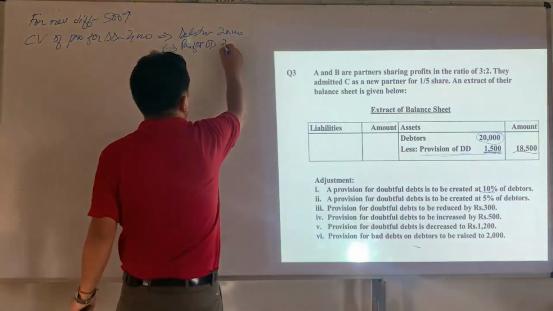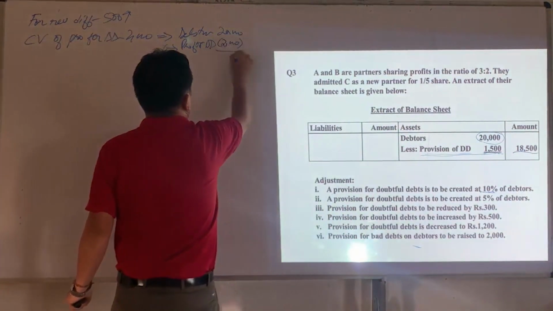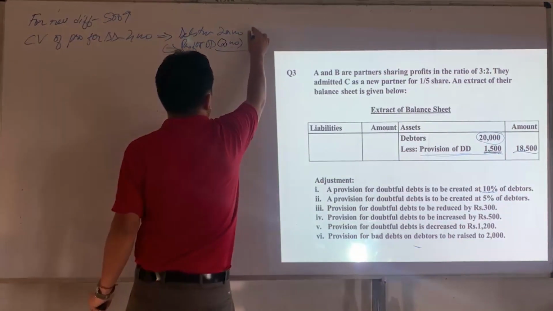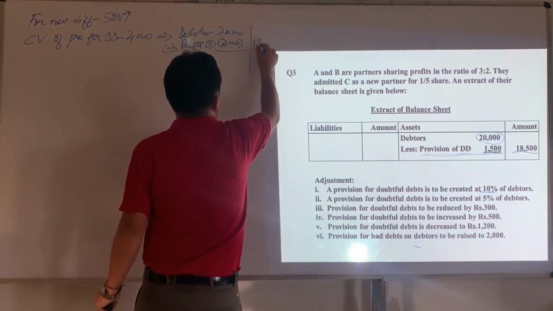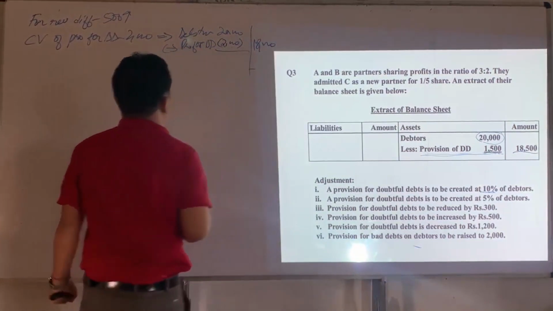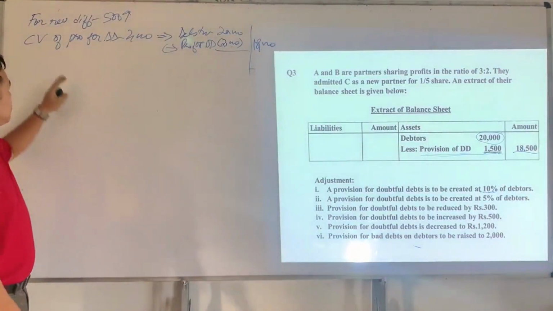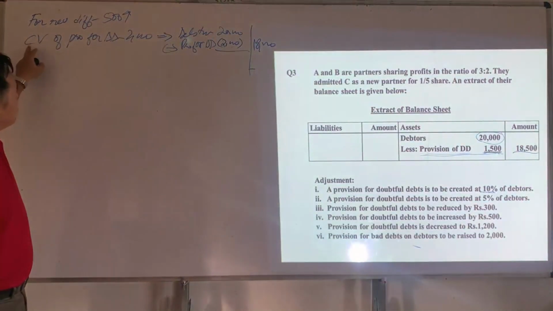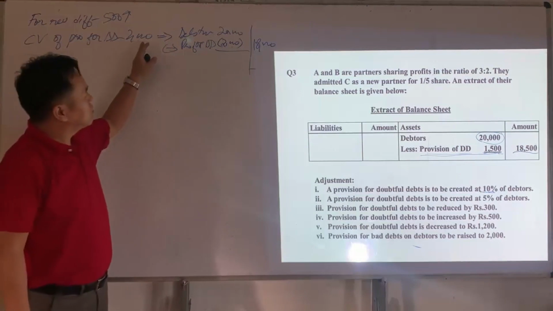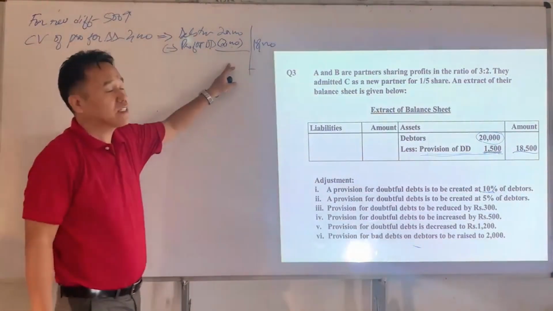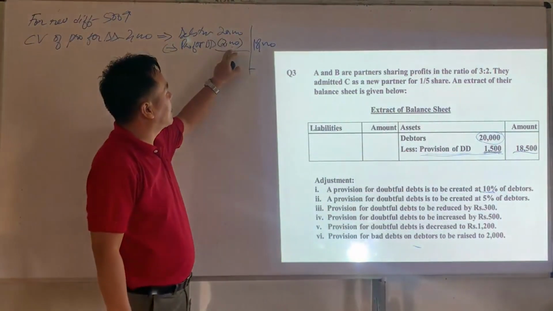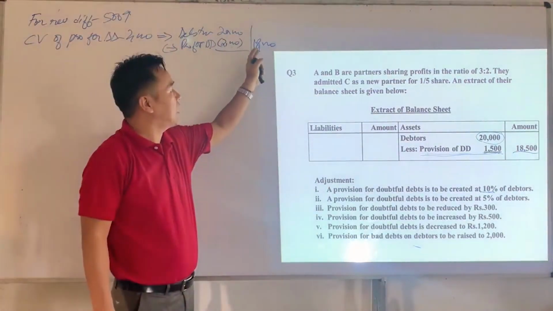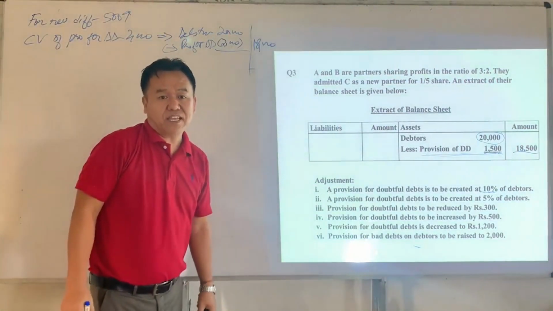So here we have to write new provision. So if we deduct 2,000 from 20,000, how much we get? 18,000. Is that clear for you? So new provision for doubtful debt, which is 2,000, will be shown on asset side of the balance sheet by way of deduction from the debtor in order to get net debtor. Is that clear for you?